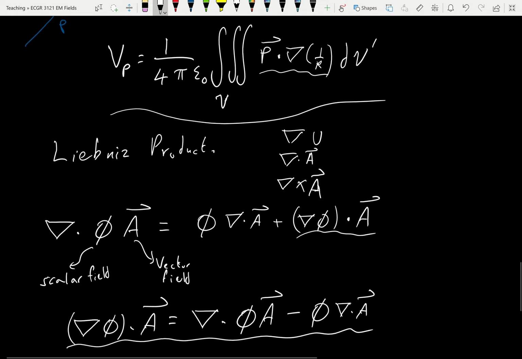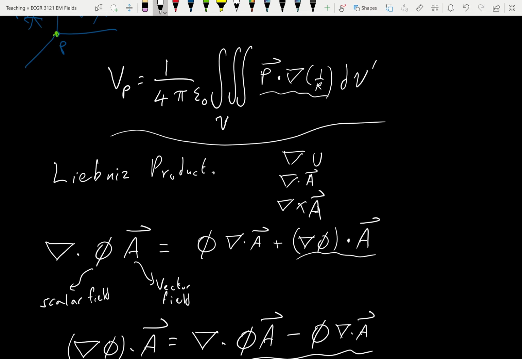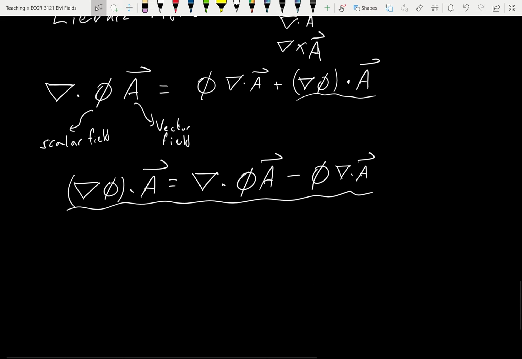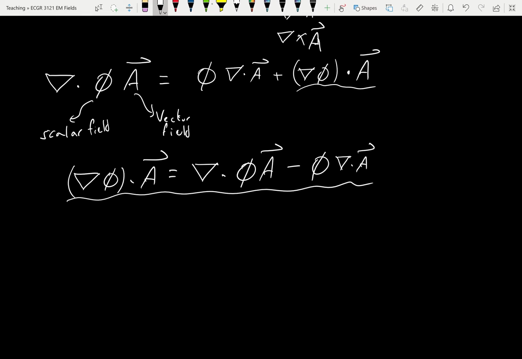I can apply this now. So P dot gradient 1 over R: in this case, P is A and 1 over R is phi. That's the connection you have to make in your mind.